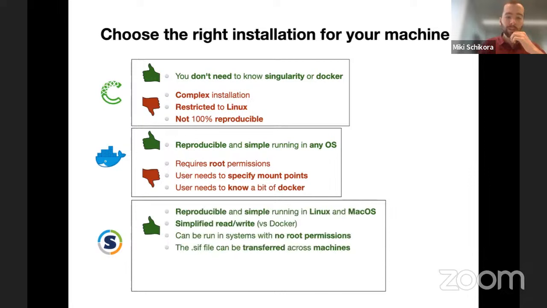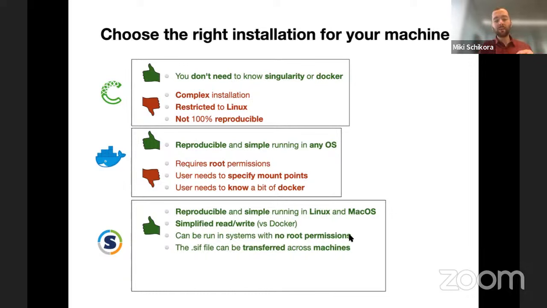And then we also provide this Singularity, which is this way of running a Docker image through a slightly different system. So it's nice because it enables reproducibility in Linux and Mac. It has a much simplified read and write system because it already mounts by default several folders as compared to Docker.